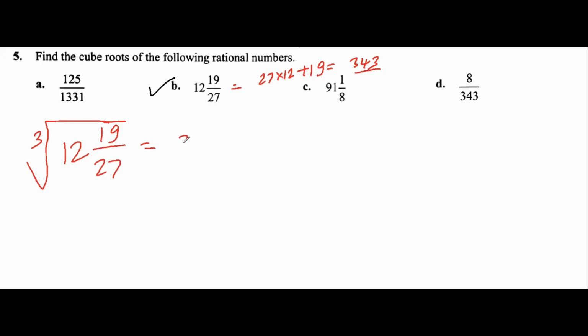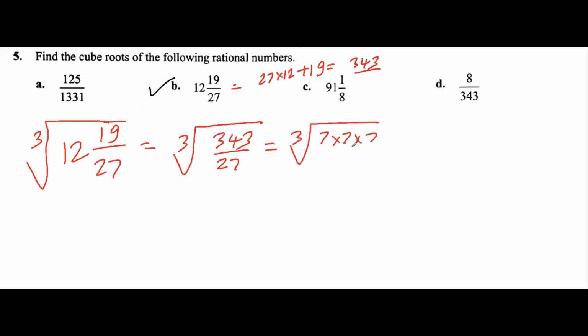So this is the cube root of 343 divided by 27. Now 343 can be written as 7 into 7 into 7, and 27 as 3 into 3 into 3. So the answer will be 7 by 3. If you want to convert this into a mixed fraction, it will be 2 1 by 3. That's the answer. Got it?